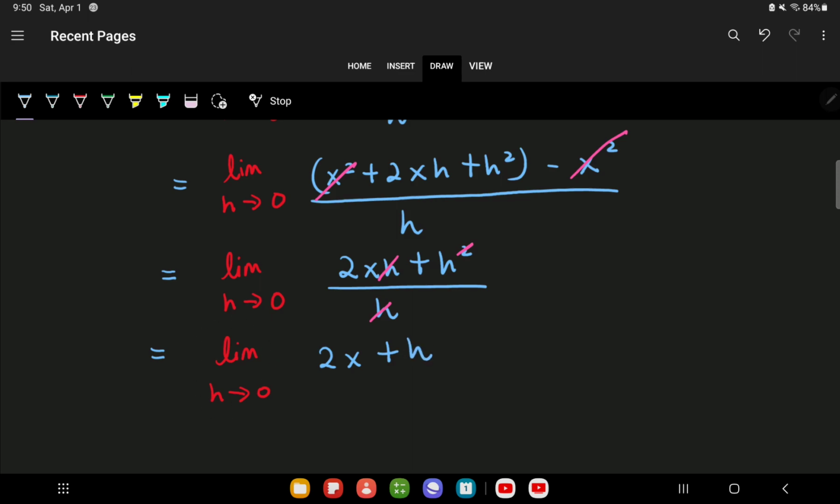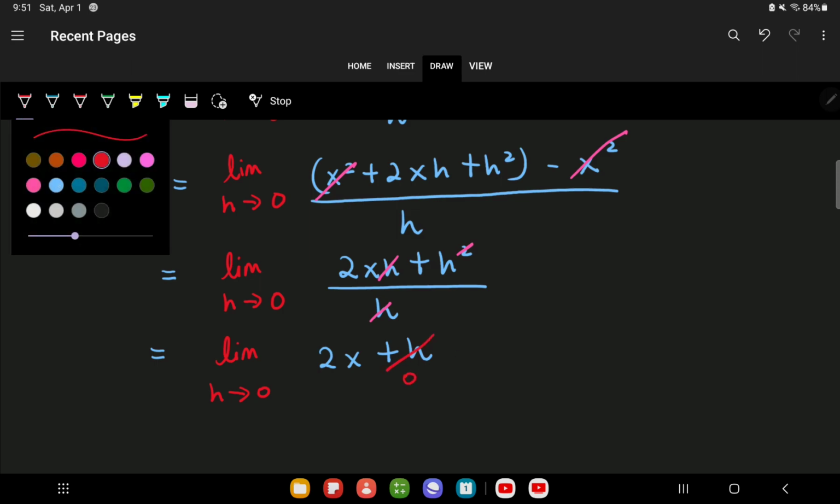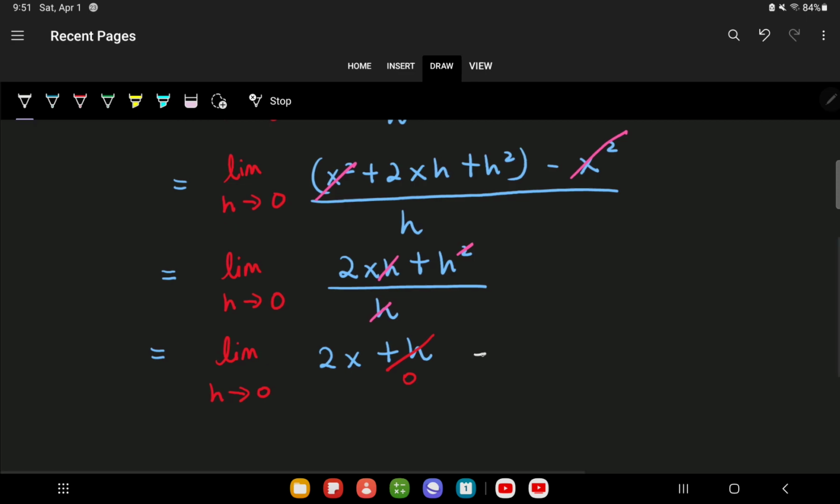Now, when we want to compute the limit as h approaches 0 here, well, you just plug and check. Wherever you see an h, you plug a 0. So our final answer is actually just 2x.